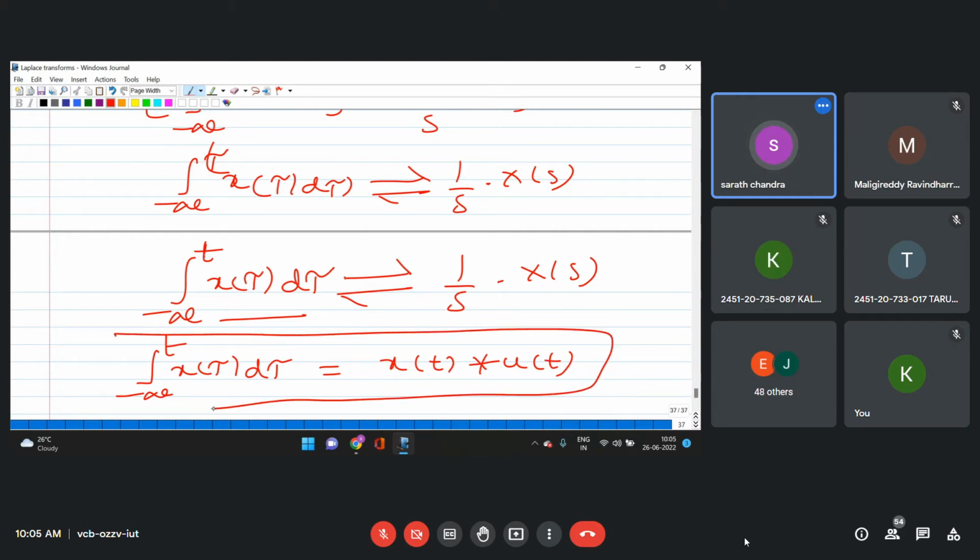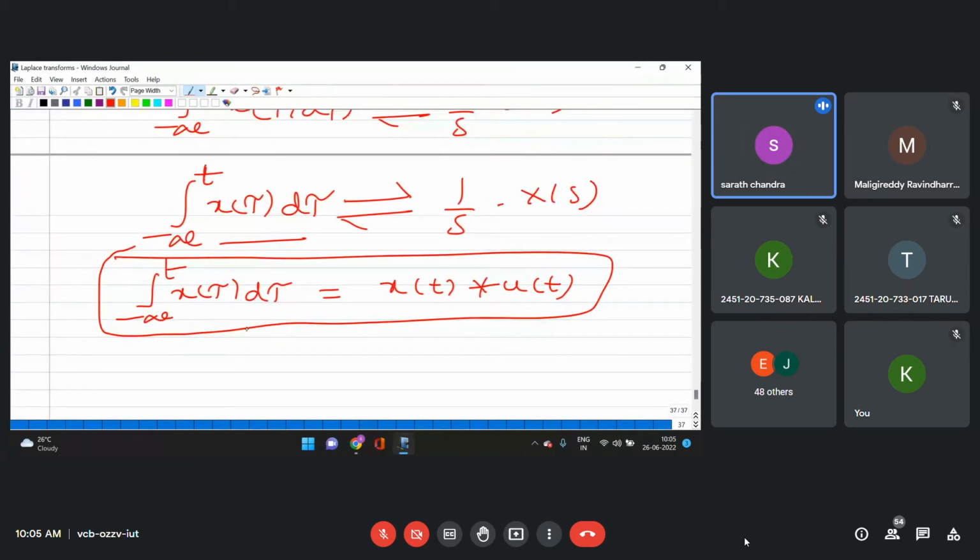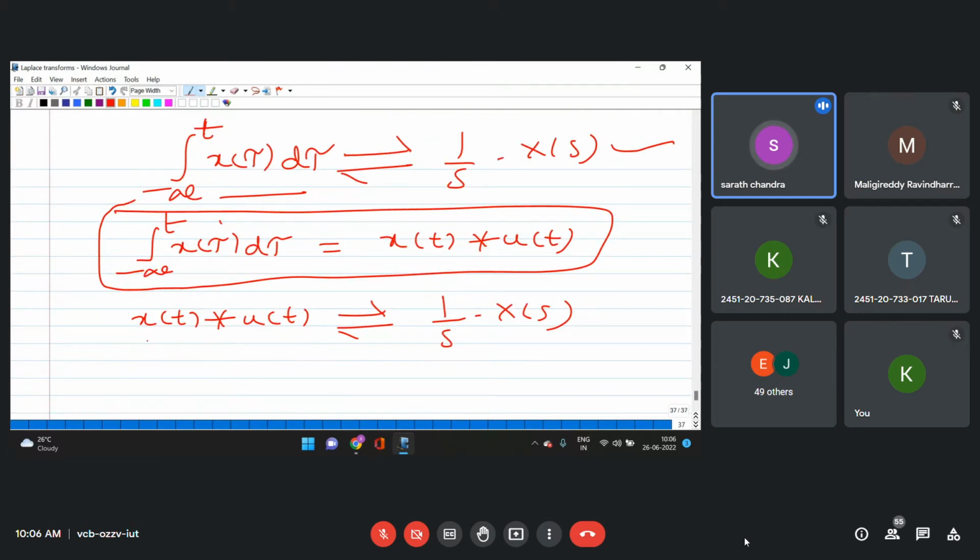By using the graphical method, we have proved this. So now, instead of proving this, if I can prove X of T convolution with U of T gives you 1 by S times X of S, then this is equal to what? This one. So in place of that, I can write the integral from minus infinity to T of X of tau d tau. Now this gives you what again? 1 by S into X of S. This is what I have done. This is what the question asked.